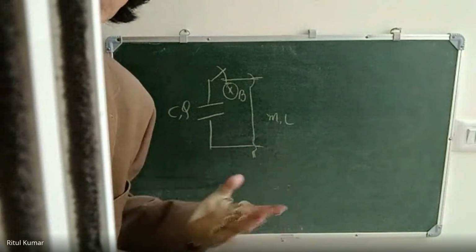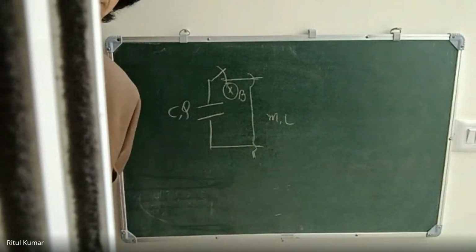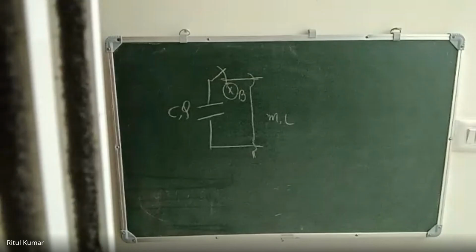You want to see what will be the effect on the slider. What will happen to the slider? Will it get an impetus? What will happen? Come on, this you can do quickly.